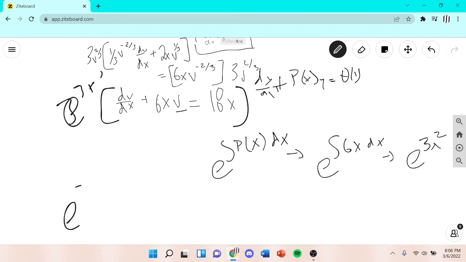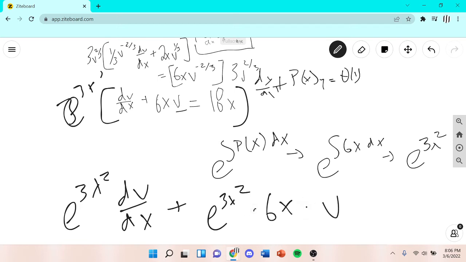So we can times this whole thing by the integrating factor, e to the 3x squared. We get e to the 3x squared dv over dx plus e to the 3x squared times 6x times v equals 18x times e to the 3x squared.